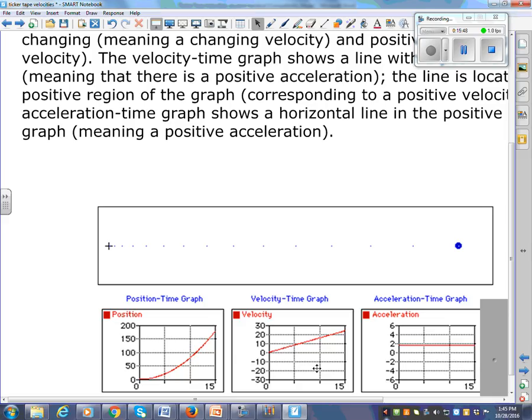In fact, can you tell me what the slope of this line is, looking at this graph? What's the slope of this line, the velocity time graph, based on this one here? About 1.9, 1.8, something like that, right? About 1.8. The slope of the velocity time graph here is about 1.8, about this value.